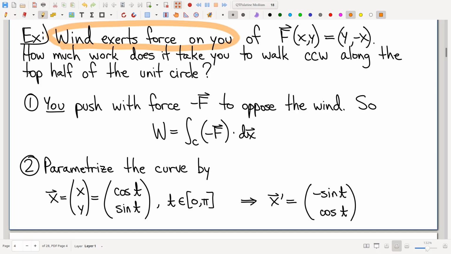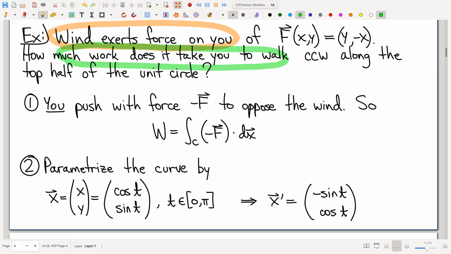I'm trying to figure out how much work I have to exert, or I guess we should say, let me keep it straight. We want to know how much work you are going to have to exert. If we want to know how much work you exert, we need to know the force that you exert. The wind exerting a force on you is the opposite of what you exert back on the wind. Does that make sense to everybody?